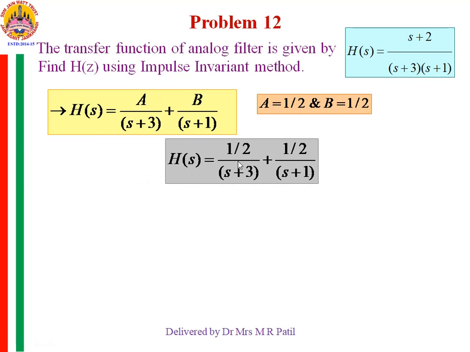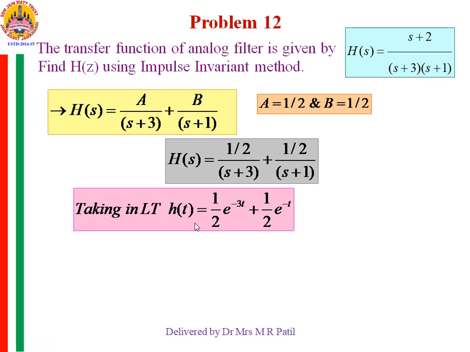So H of s I am getting is equal to (1 by 2) by (s plus 3) plus (1 by 2) by (s plus 1). Now use the inverse Laplace transform pair: 1 by (s plus a) gives e raised to minus at. So taking the inverse Laplace transform of this, I obtain h of t, which is equal to 1 by 2, the constant, and the inverse transform of 1 by (s plus 3) is e raised to minus 3t u of t, and for 1 by (s plus 1), it is e raised to minus t u of t.